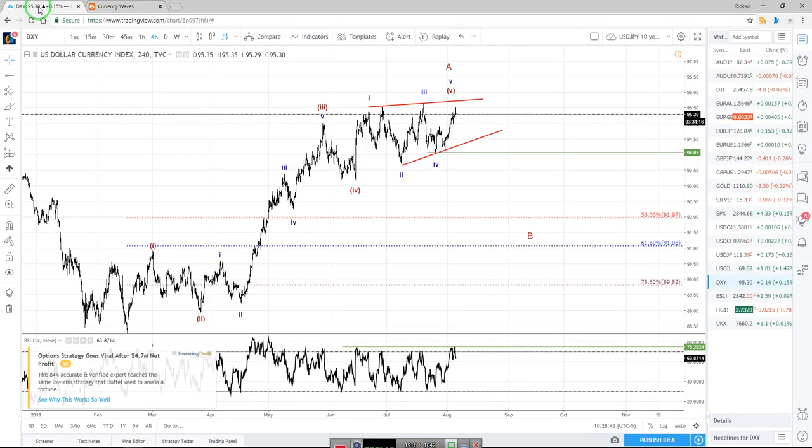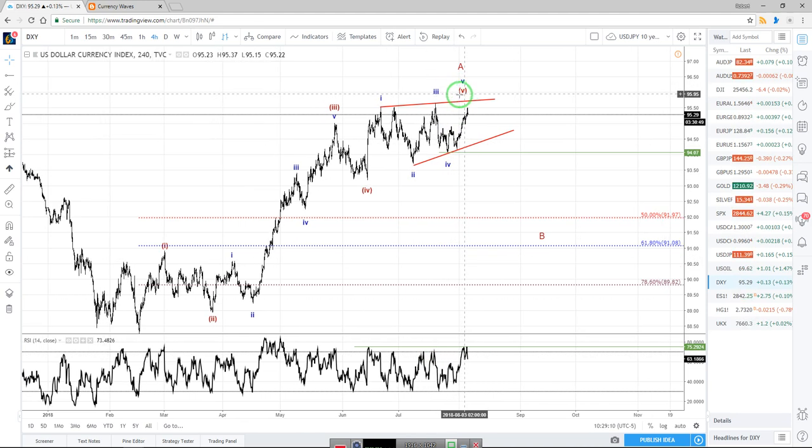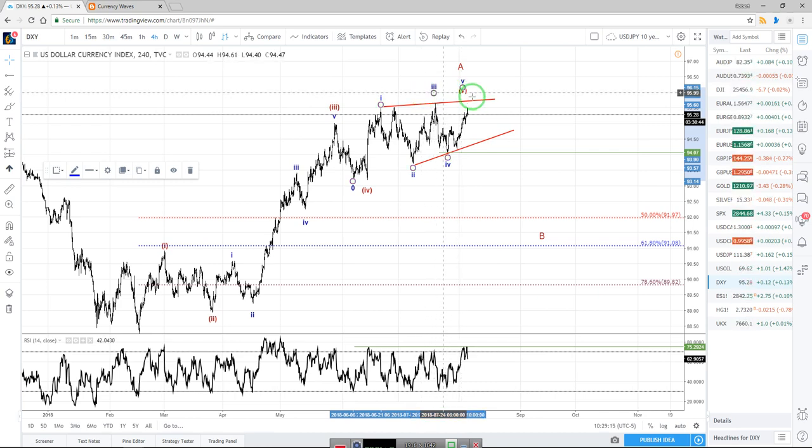Dollar index. Looking at 1, 2, 3, 4 and possible ending diagonal here for wave 5. I'm a little concerned with the divergence here between 1. We've actually broken above this wave 3 high divergence, so I'm thinking maybe this is just wave 3 here, and then we're going to see another pullback for 4 and then 5.